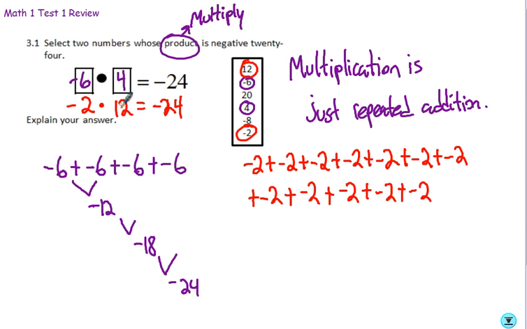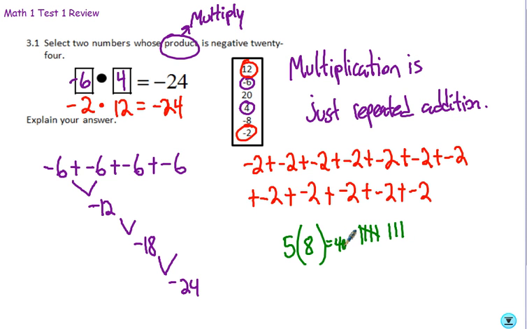Also, if you don't have all your times table memorized, that's okay, because as long as you can mentally do this, then you can still come up with the right answer. So let's say that you weren't sure about what 5 times 8 is. Well, count by 5s 8 times. 5, 10, 15, 20, 25, 30, 35, 40. 5 times 8 is 40, right?